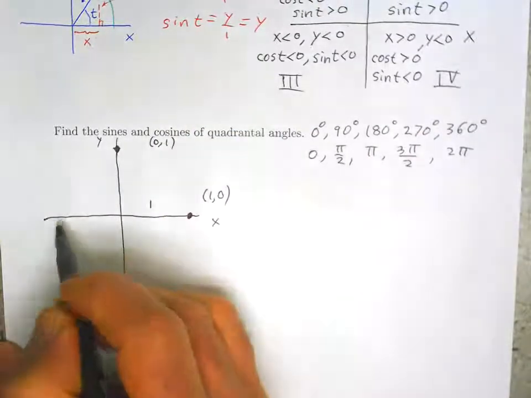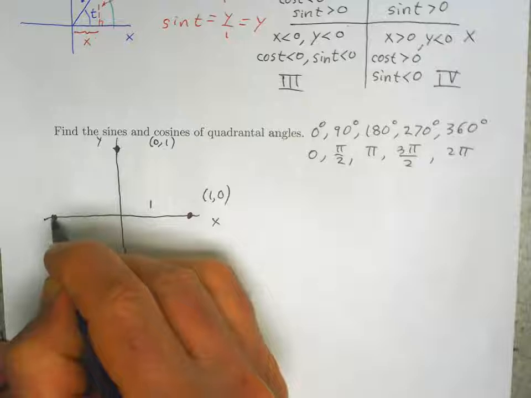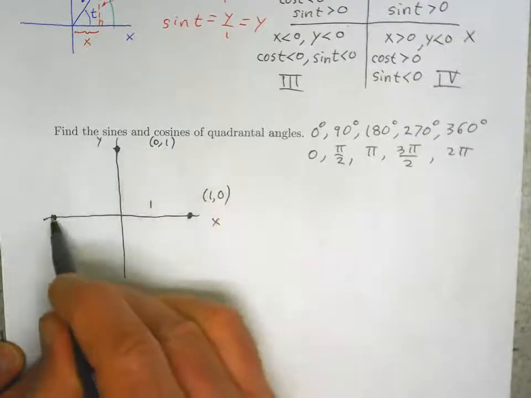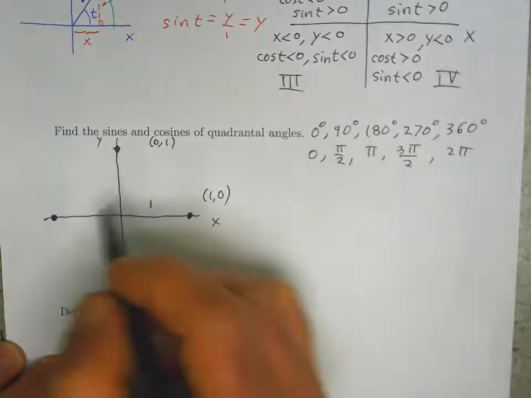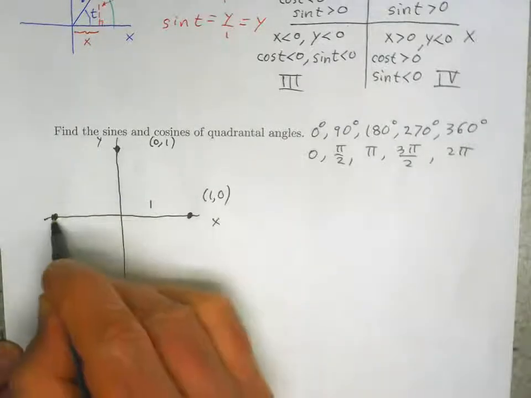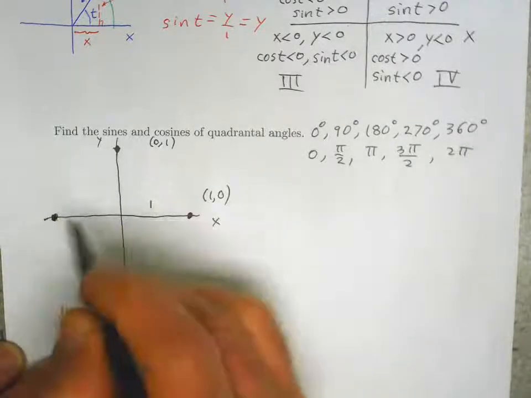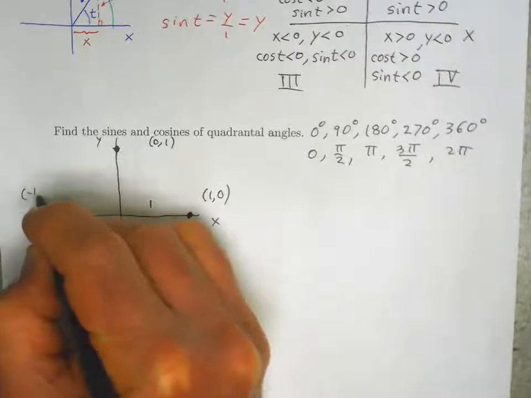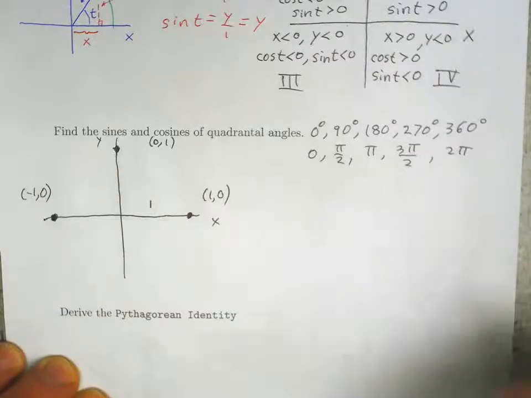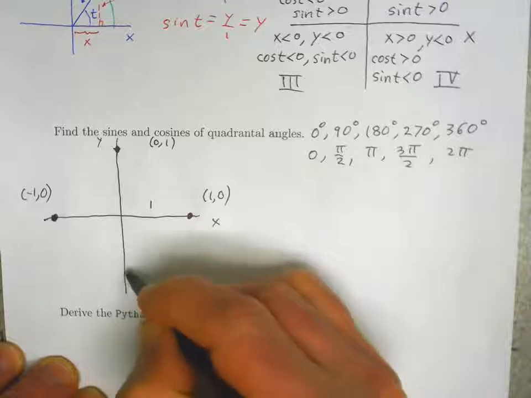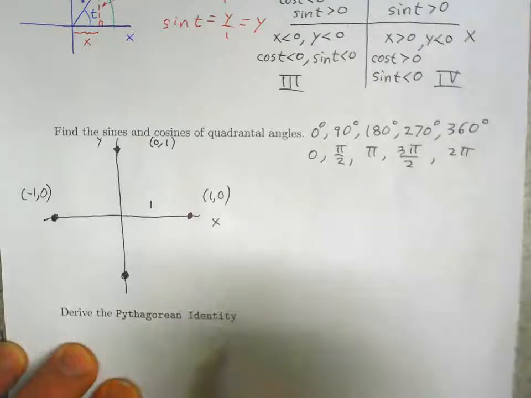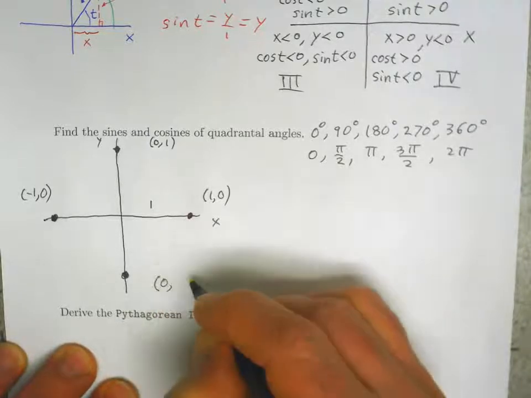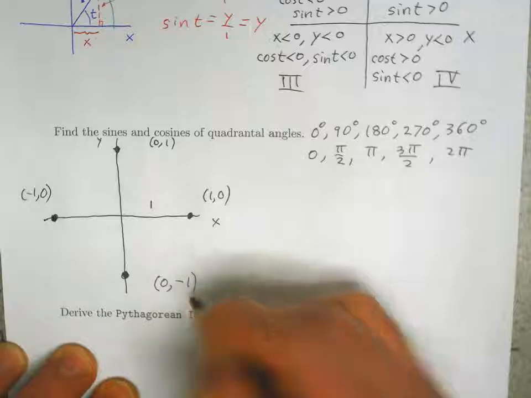On the negative x-axis, I'm plotting points on the unit circle, and I'll draw the unit circle in a minute. But this point on the unit circle, the x-coordinate is -1 and the y-coordinate is 0. And then on the negative y-axis, this point on the unit circle, the x-coordinate is 0 and the y-coordinate is -1.